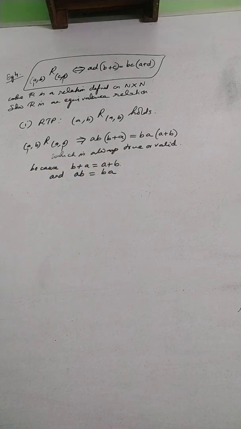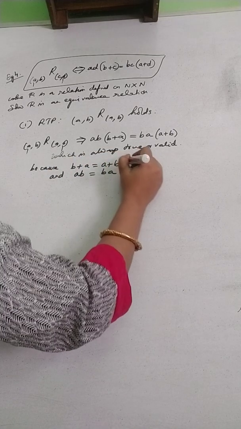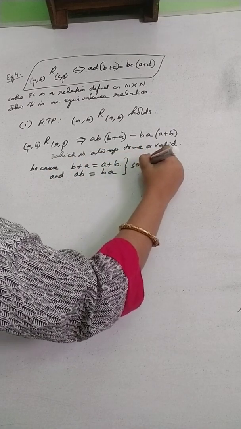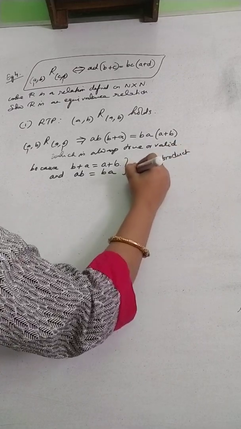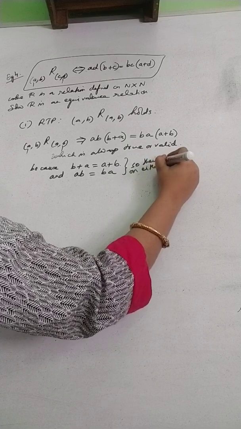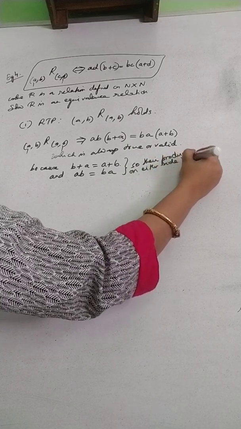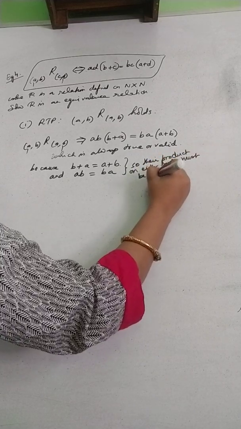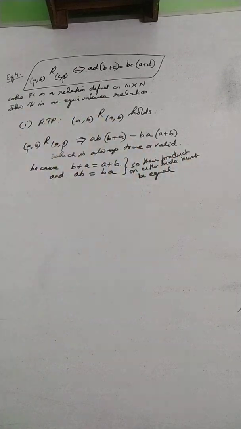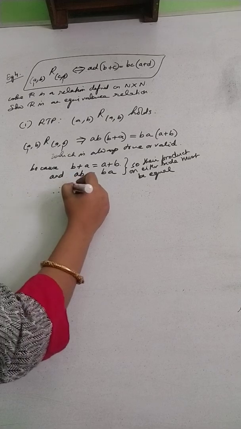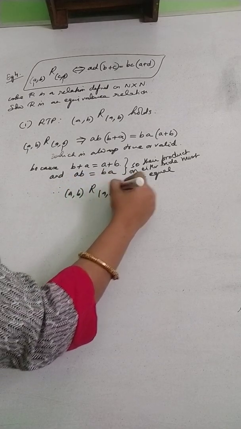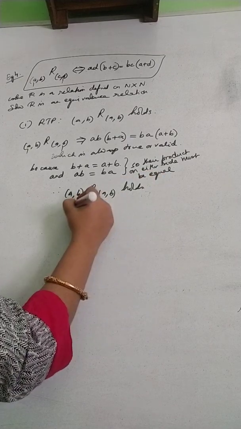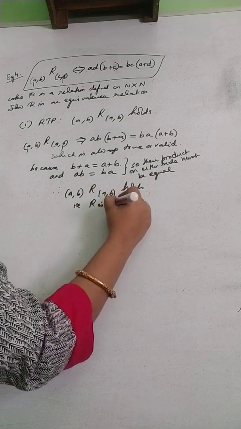So therefore their product on either side must be equal. So that is why this equation that I have is valid. So I will say therefore AB is related to AB by the given relation, that is R is reflexive.